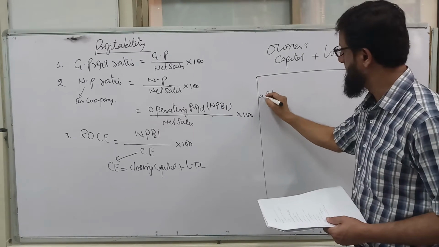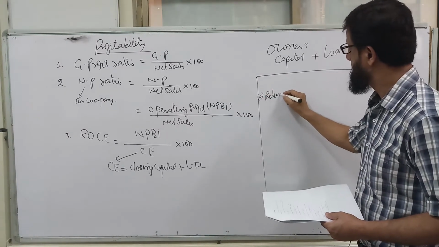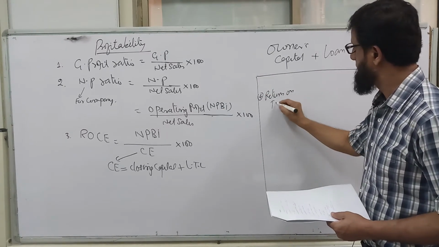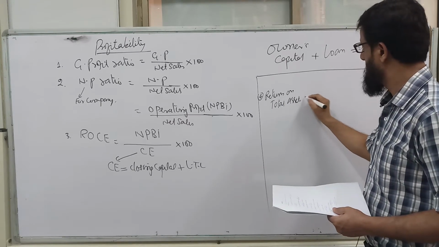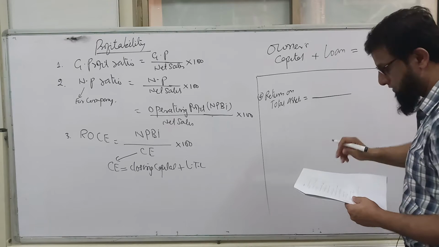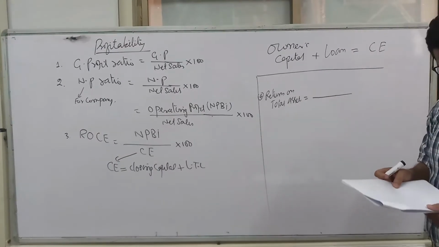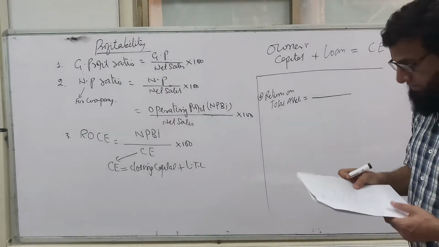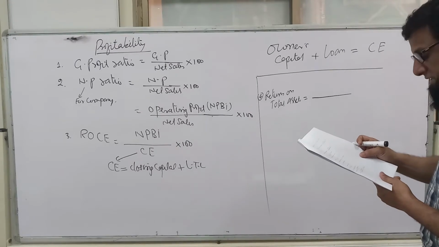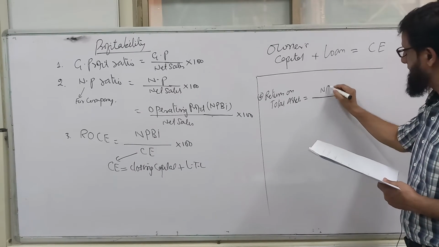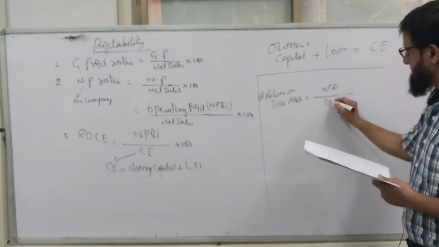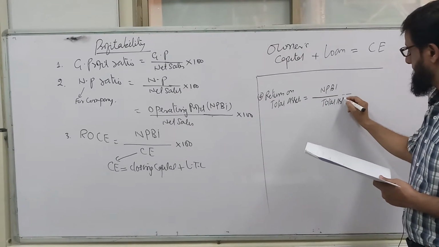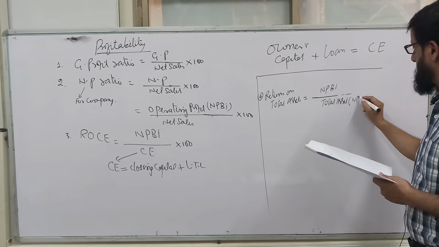Now next formula, return on total assets. This is number 4 formula. I'm just writing the formula from your syllabus. You can download the formula from the syllabus easily. Return on total assets is equal to net profit before interest divided by total assets at net book value.